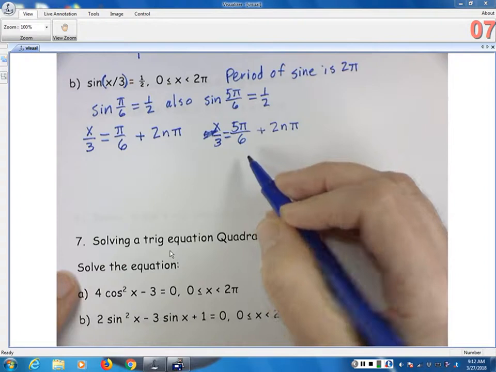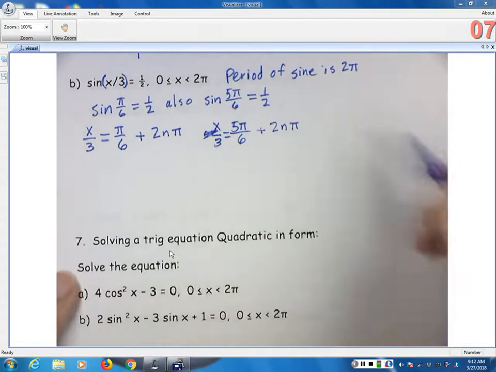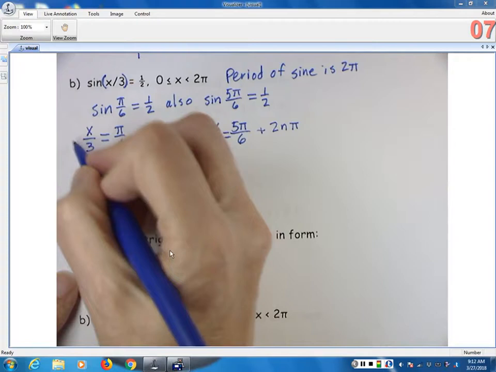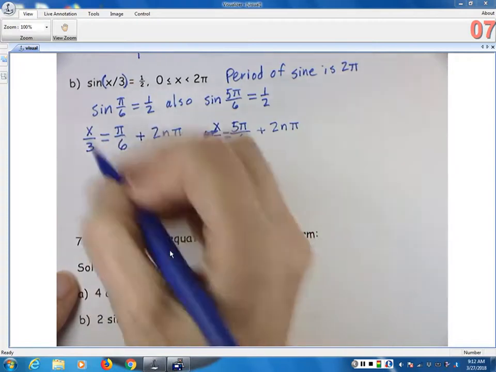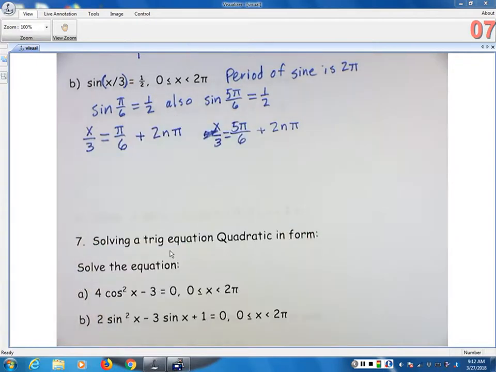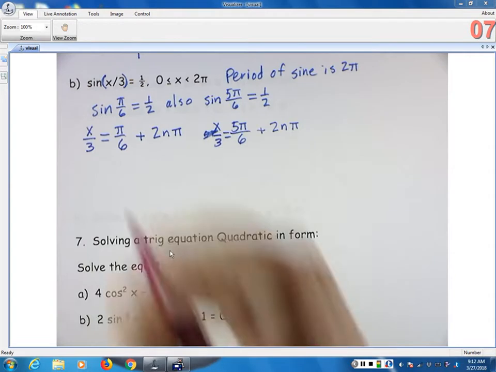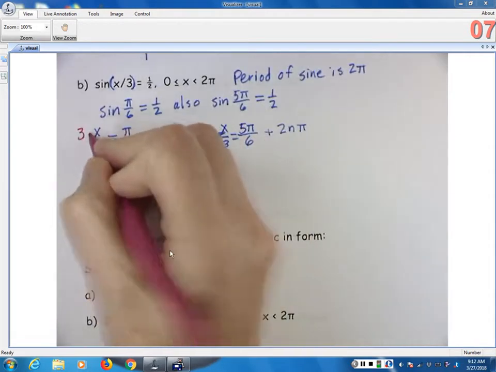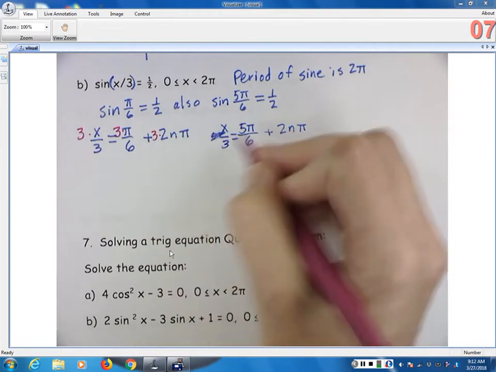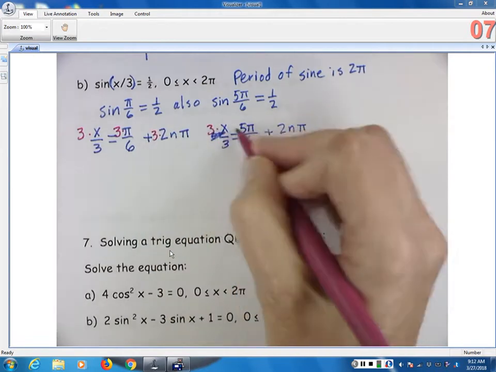So, then I'm going to multiply by 3. I have to multiply each term by 3. So I get, and I could do it in a different color.